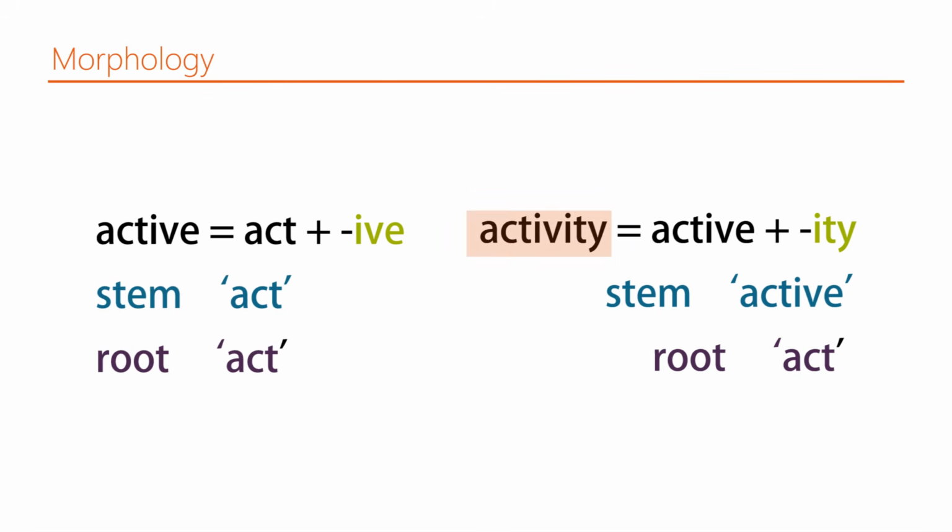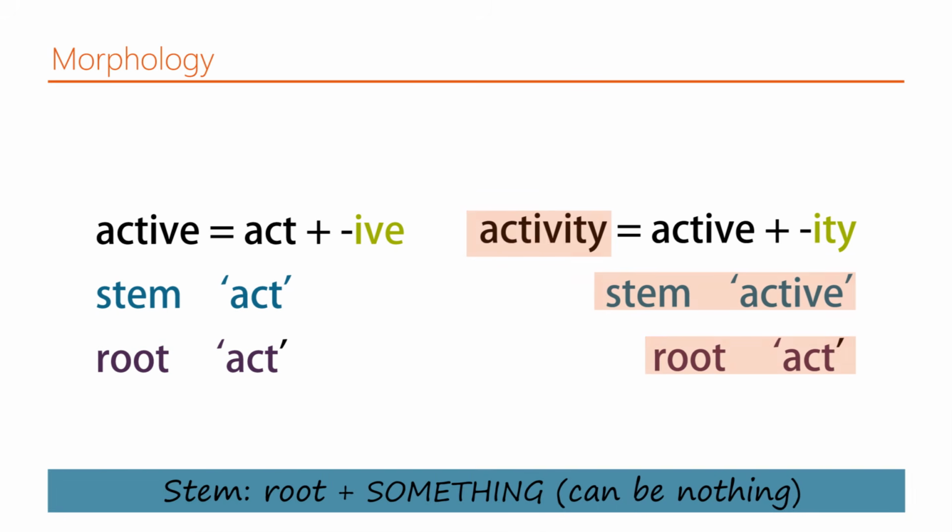But in "activity", the root and stem are different. So stem could be root plus nothing or root plus something. Or in your mind, you can always think of stem equals root plus something, but something could be nothing.